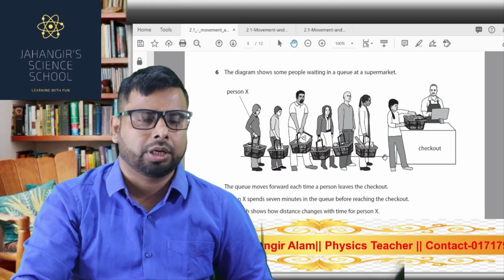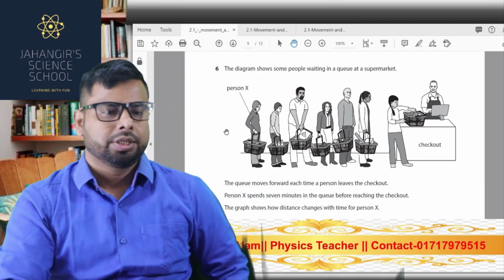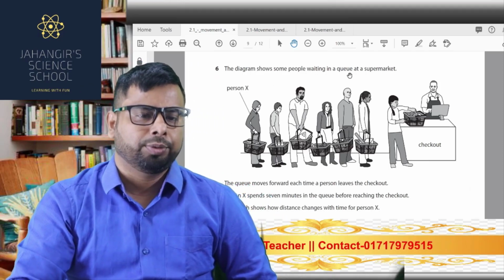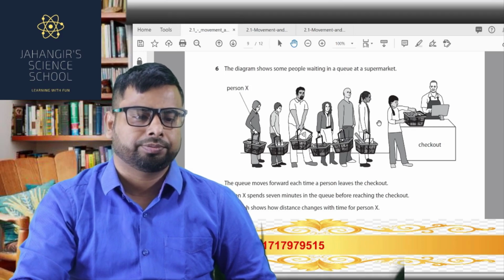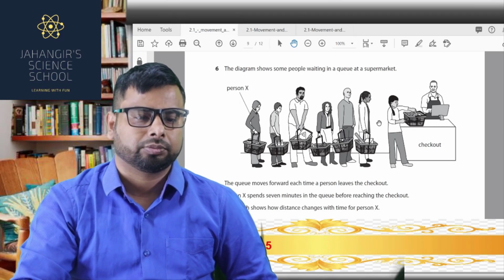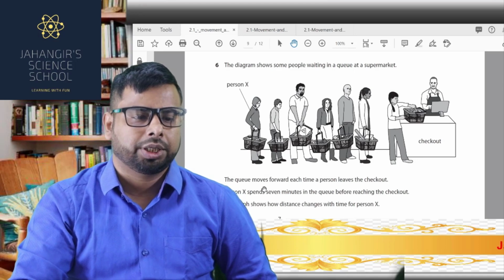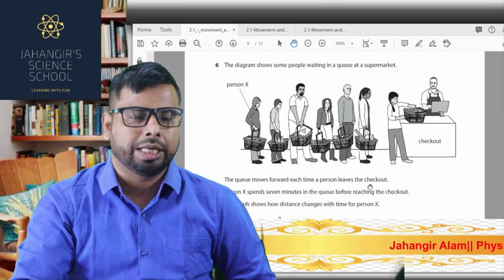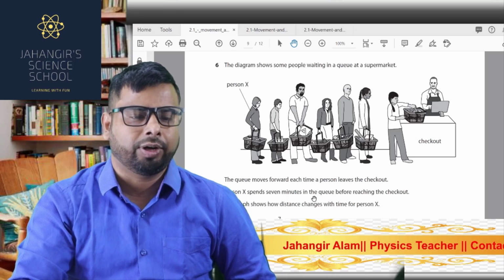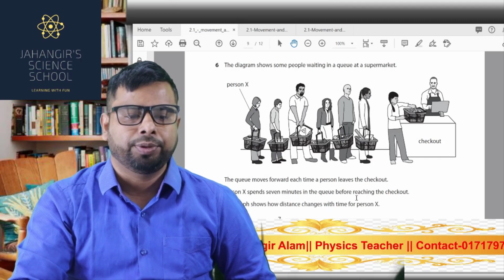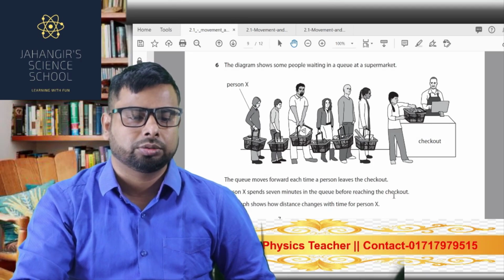Now question number 6. The diagram shows some people waiting in a queue at a supermarket. The queue moves forward each time a person leaves the checkout. Person X spent 7 minutes in the queue before reaching the checkout.